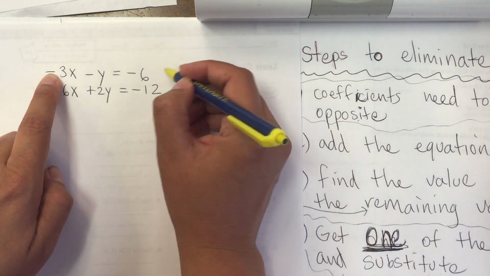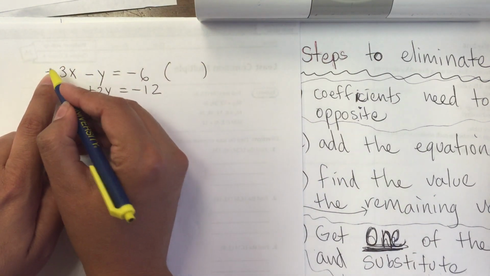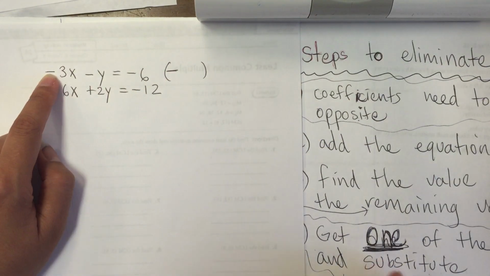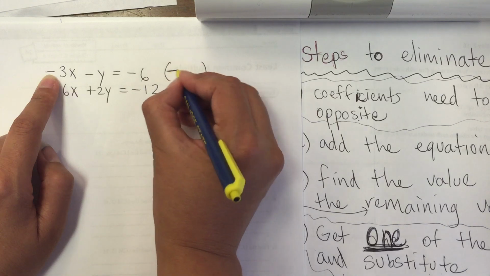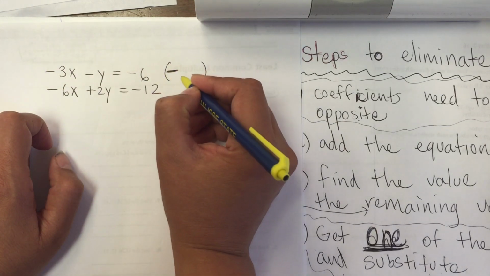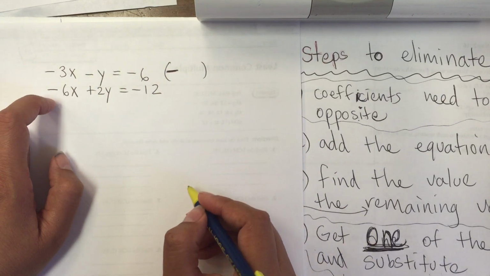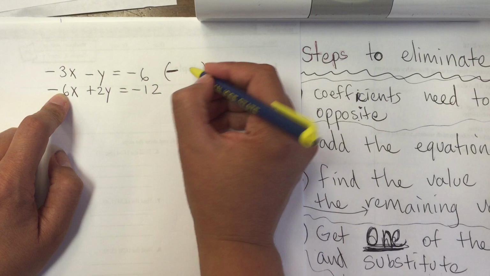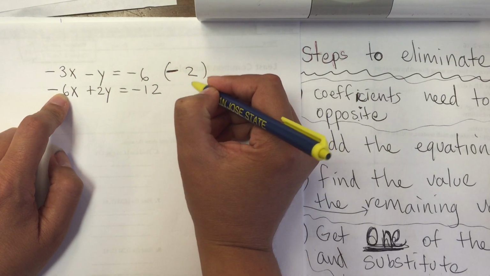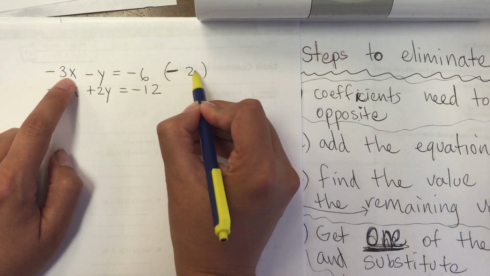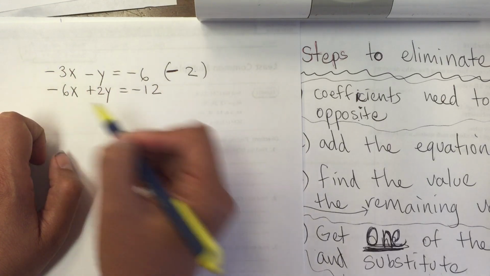Because you have the same signs, you need one of them to be a different sign, so put a minus in there. And 3 times what number equals 6? 2. So negative times negative is positive, and 2 times 3 is 6. Positive 6 is the opposite of it.